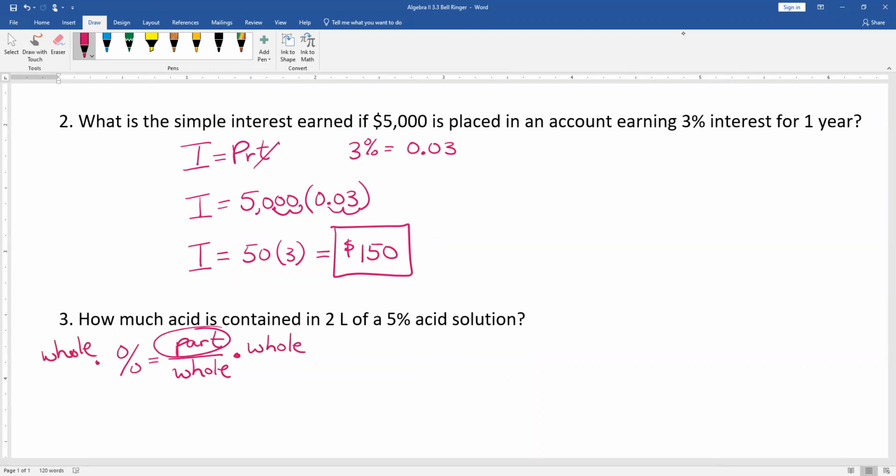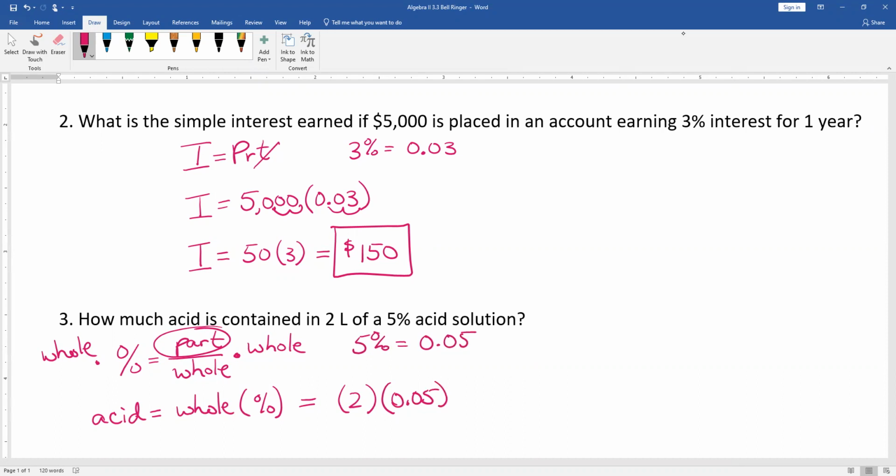So to do this, we have to multiply both sides times the whole, which means that the acid, which is the part, equals the whole solution times the percent that's acid. So that means it's 2 liters times 5%, which is 0.05. Just making up numbers. Okay.